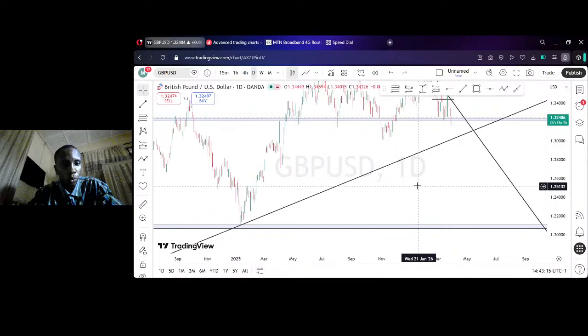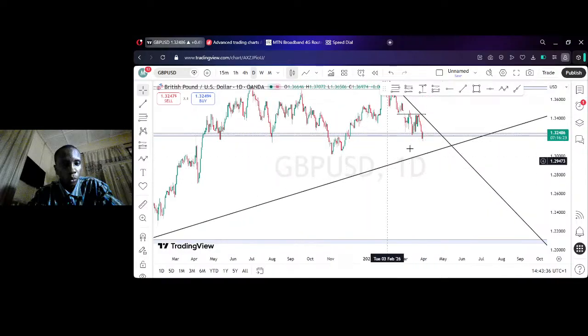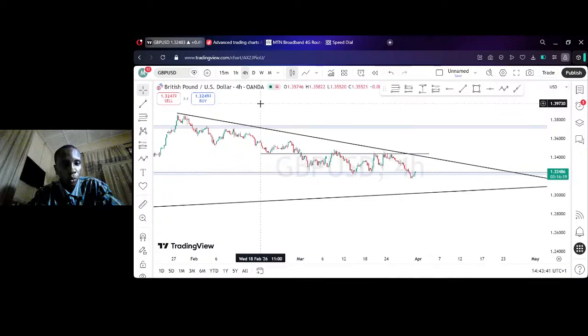And if price breaks out from here, the next level target is this major level of support, that is 1.21059. So that would be the next level target on GBP provided price can break out from this trend line. So coming to the 4-hour time frame.